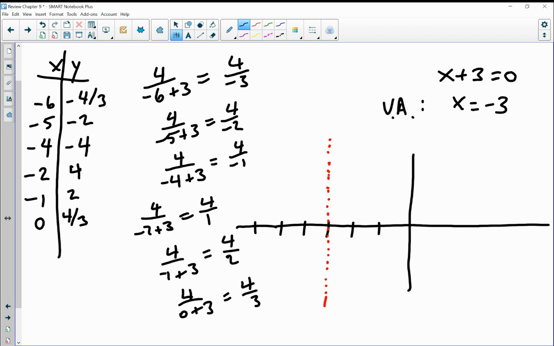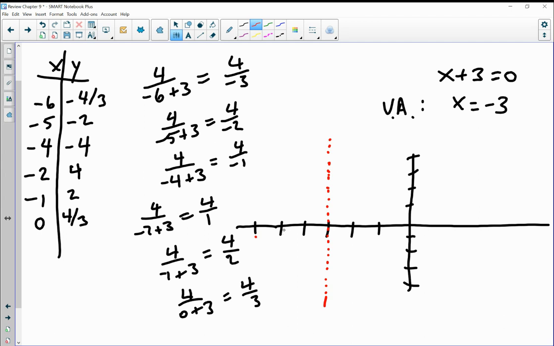Okay, so now let's graph these points. We have negative 6, negative 4 thirds, a little bit past the negative 1.